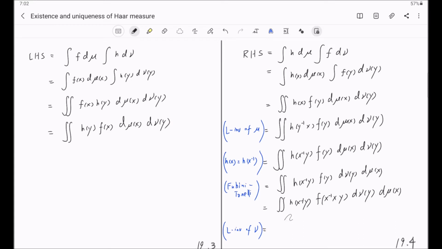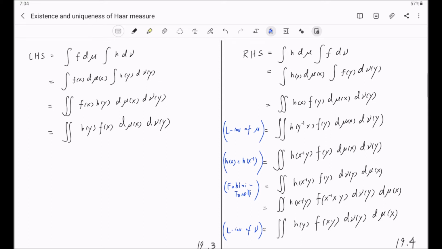And this will help us take off x inverse and x inverse here. And now you can see the right-hand side looks very similar to the left-hand side in the last line, except for the order of the integration here.